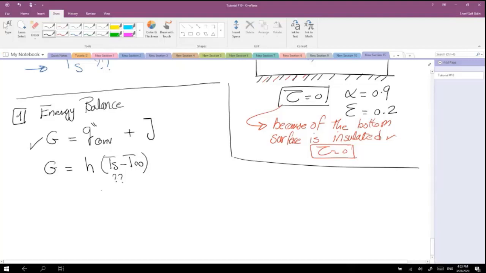We don't know the surface temperature; actually, we are asking for it. We have G, we have H, we have T infinity, plus J.